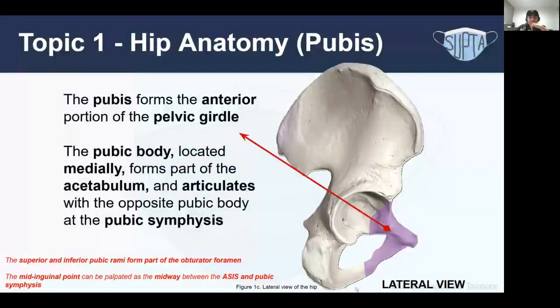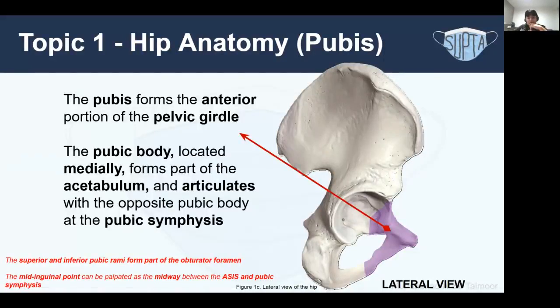Now, the pubis is the most medial. It's the most anterior portion of the pelvic girdle, right? Because it's the most medial, that means it's got to connect with the other hip bone, because obviously you have two hip bones, right? So you've got the pubic body, similar to the ischial body, which is located medially and forms part of the acetabulum, which you can see there.